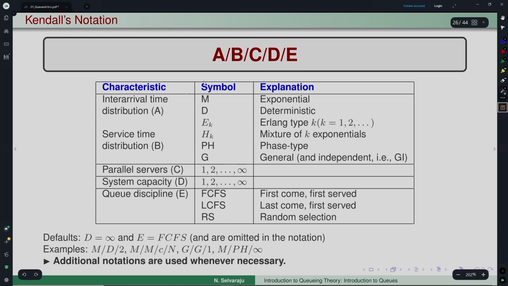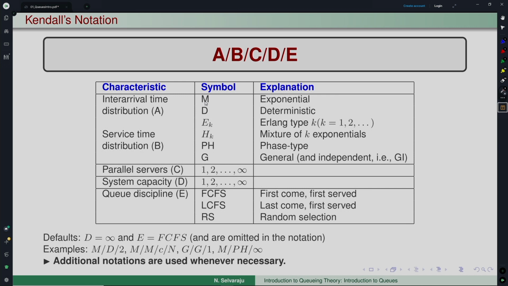So, what are the characteristics? A denotes the inter-arrival time distribution, B denotes the service time distribution. Okay. If the inter-arrival time distribution is exponential, then A, like B, is denoted by the symbol M. M means exponential.